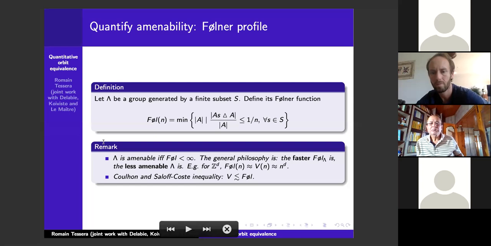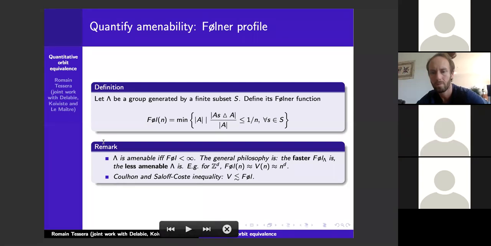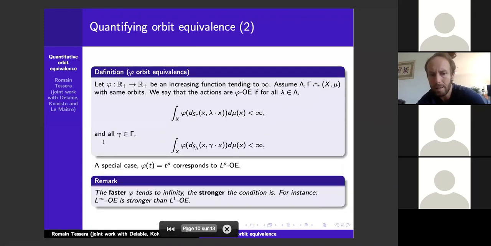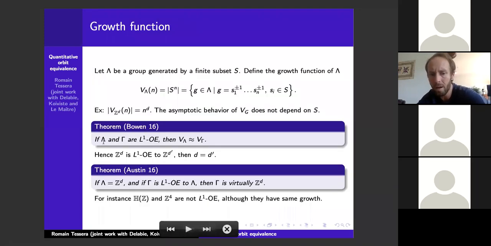Yeah, please. So one comment is, are you saying that if the groups have the same growth constant, then they would have similar behavior in terms of LP equivalence? Not in general, but that's a good point, because it depends a little bit on what kind of groups we are talking about.